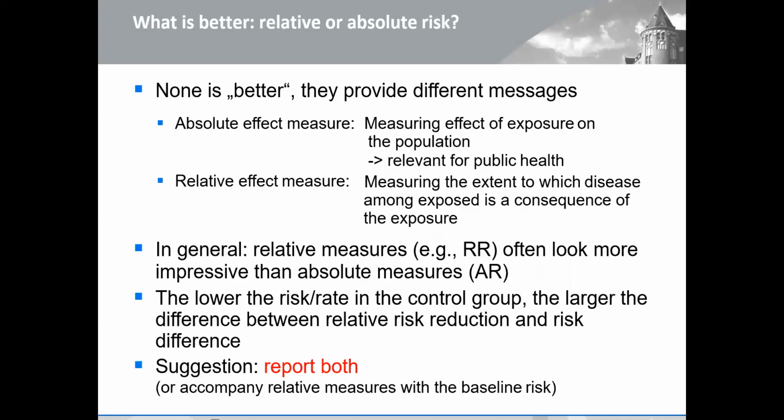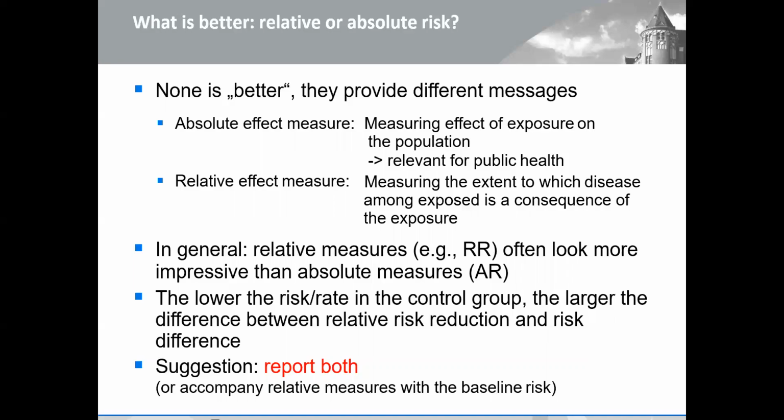The lower the risk or rate in the control group, the larger the difference between risk reduction and risk difference. Depending on the type of study or analysis, it might be advisable to report both, because it assists in giving a clear picture.